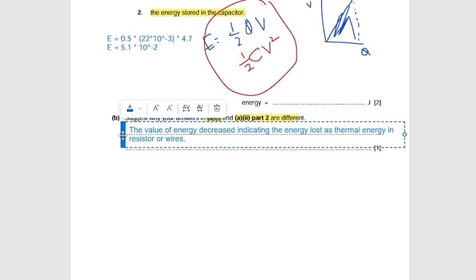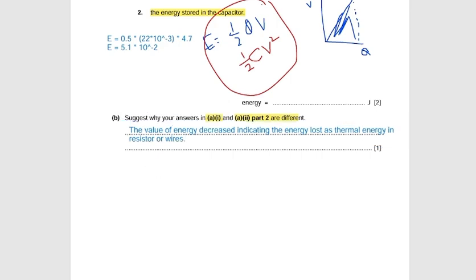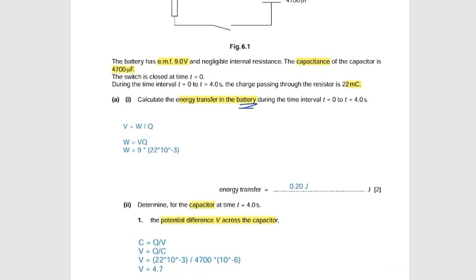So you just need to elaborate on that a little, that energy has been lost as thermal energy in resistors or whatever is given to you in the circuit. And this is it for the B part as well, and for question number 6.